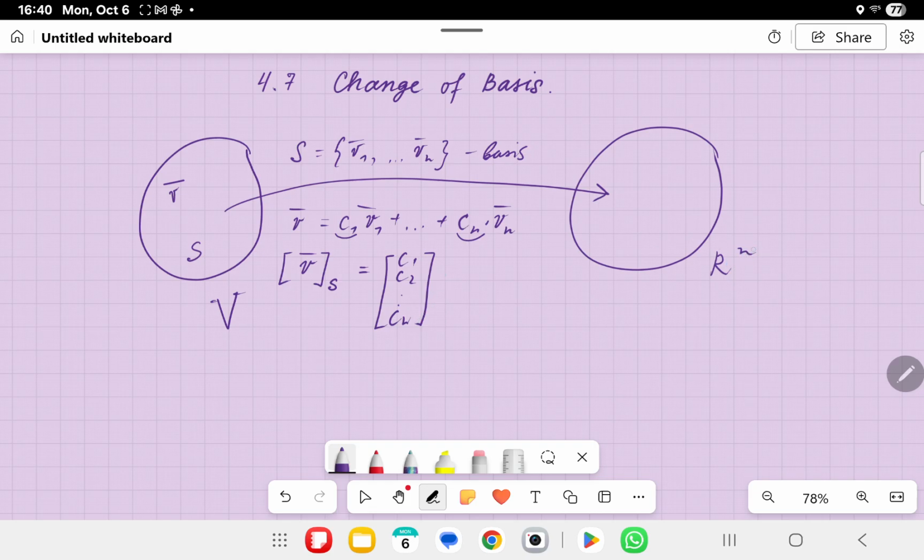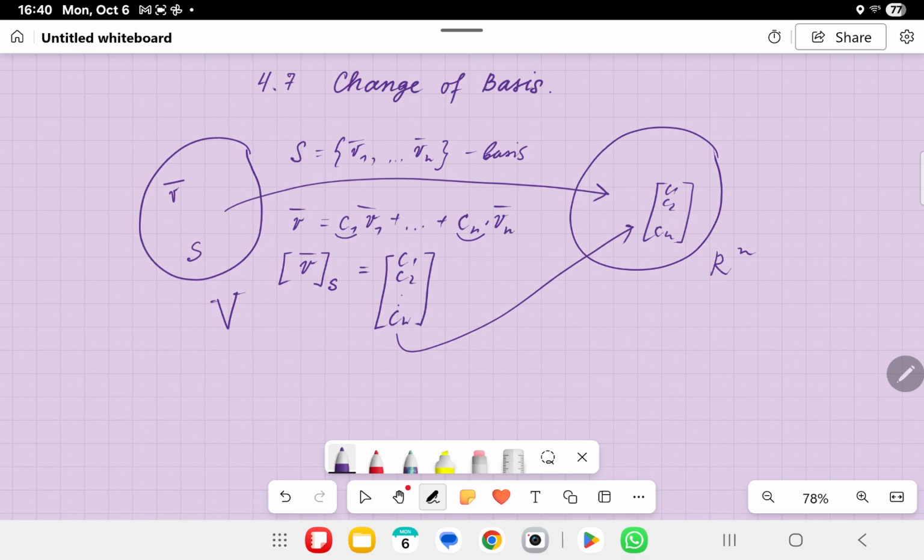And Rn consists of n-dimensional vectors, which look like this: C1, C2, Cn. We'll need to remember this. Whenever we use a basis, we can map all vectors from our space into Rn, which is just an n-dimensional vector space.